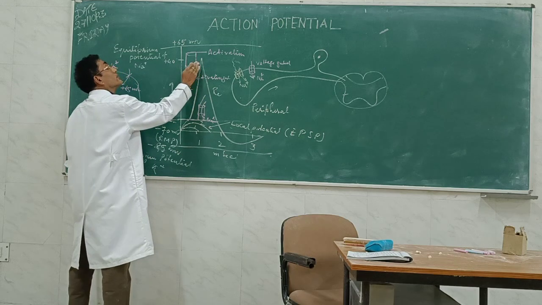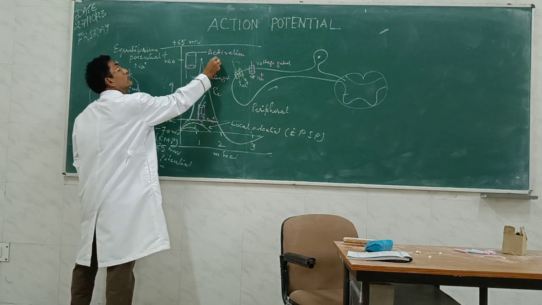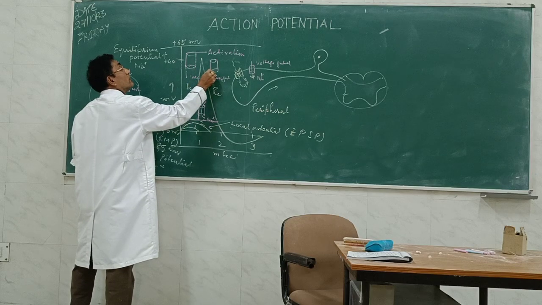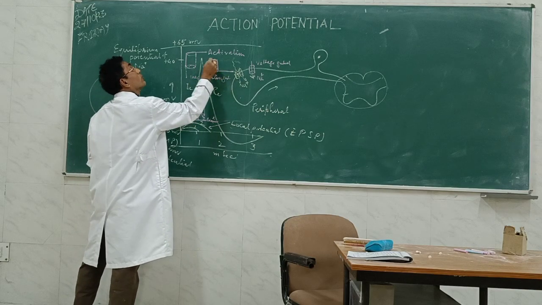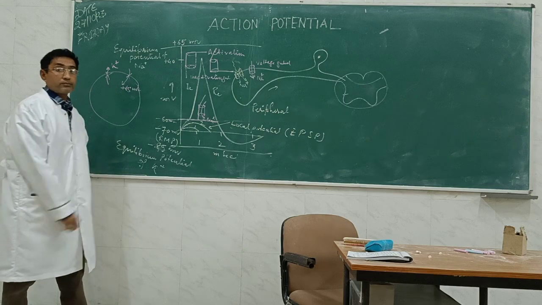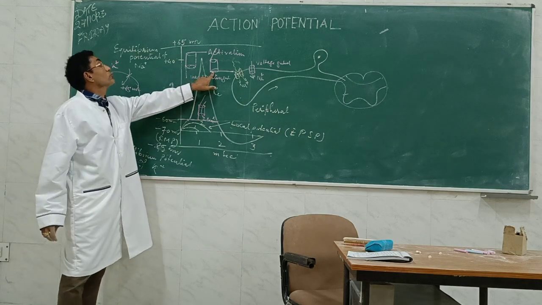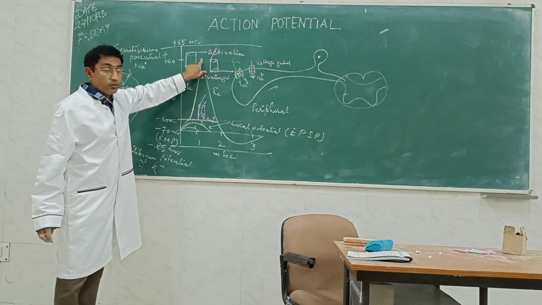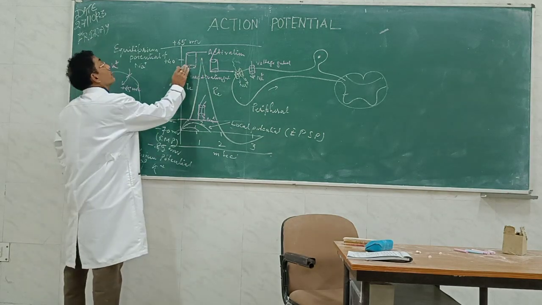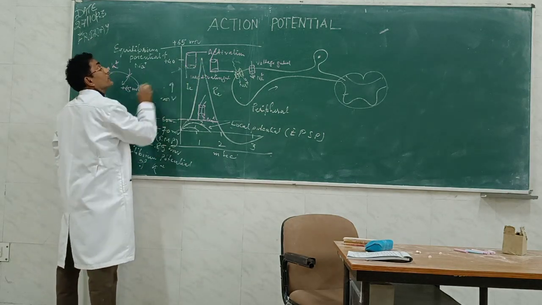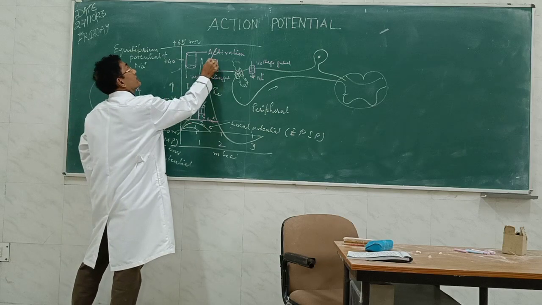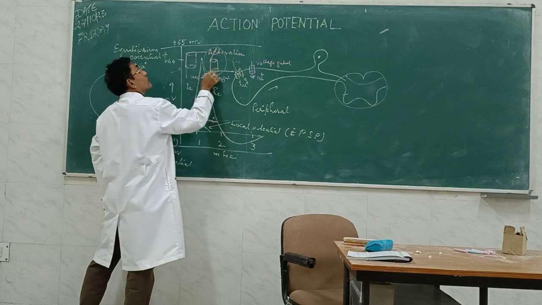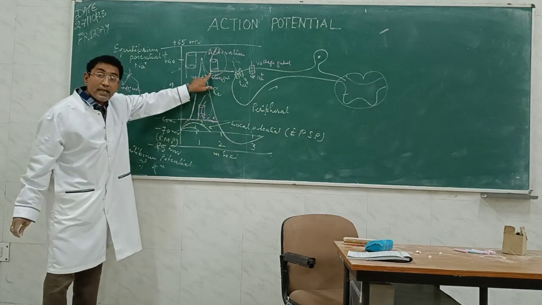As soon as the voltage becomes plus 40 millivolt, the inactivation gate will be closed and the activation gate will remain open. This is the status we can see during the resting phase, this during the active phase, and this during the inactive phase.